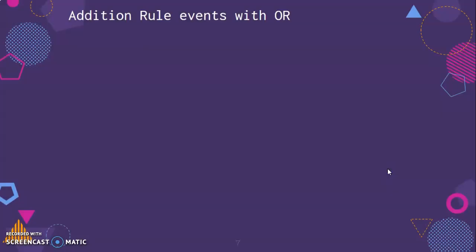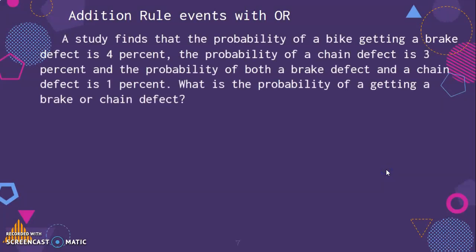One more example with non-mutually exclusive probability. So this is going to get into a lot of word problems, so you just have to figure out what is it asking. Here it says a study finds that the probability of a bike getting a brake defect is 4%. The probability of a chain defect is 3%, and the probability of both a brake defect and a chain defect is 1%.